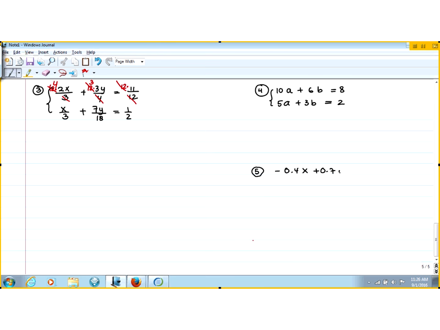Negative 0.4x plus 0.7y is 1.3. And then 0.7x minus 0.3y is 0.4. All right. Okay, so I'm going to give you 5 minutes so that we could discuss it. We have time to discuss this.